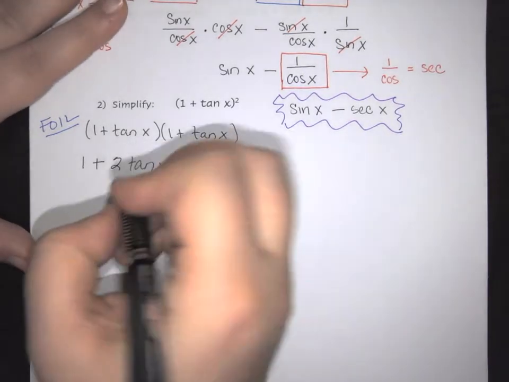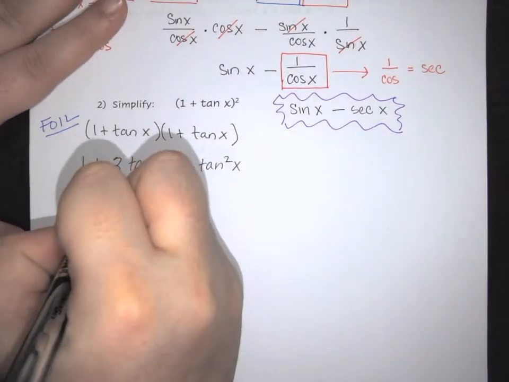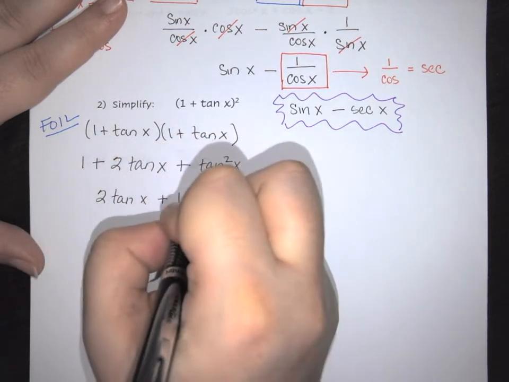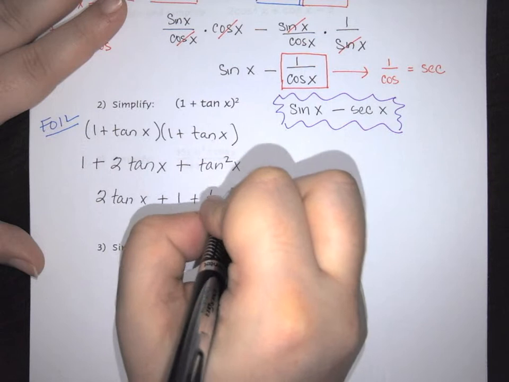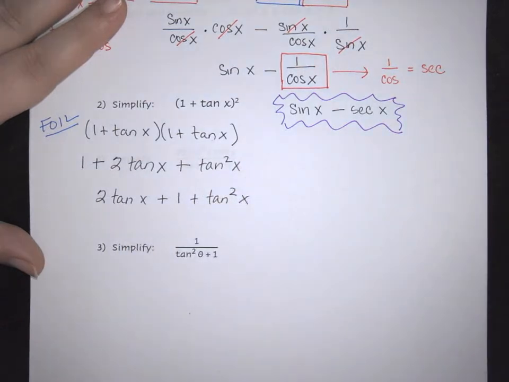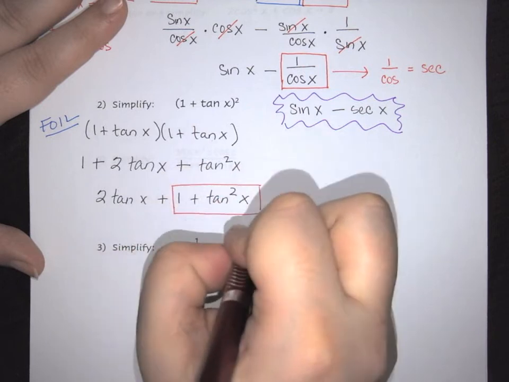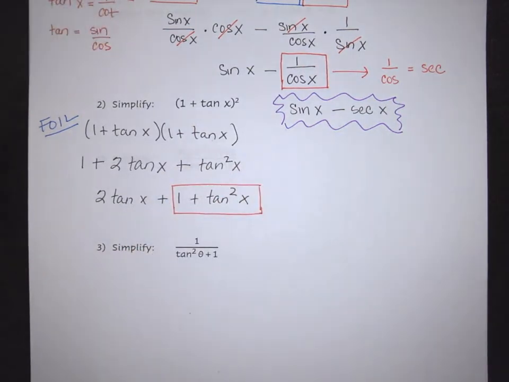So I'm going to rewrite this real quick to say 2 tangent of x plus 1 plus the tangent squared of x. And when I look, this appears to be my Pythagorean identity. And that Pythagorean identity says that 1 plus the tangent squared is going to give me secant squared.